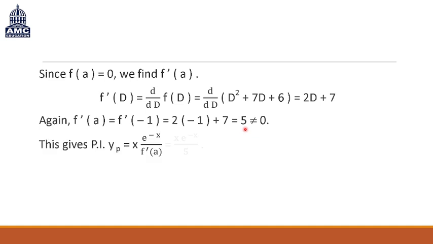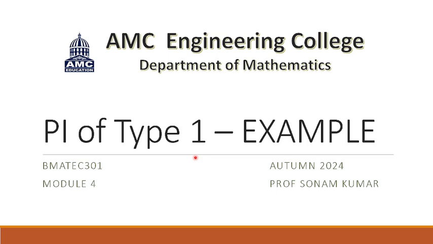That gives us the particular integral equal to x multiplied by e to the power negative x divided by f dash of a. Now we substitute the value of f dash a because f dash a is not equal to 0, as we have seen in the previous line. That gives us x multiplied by e to the power negative x divided by 5. And that, my friends, is the particular integral in this type.